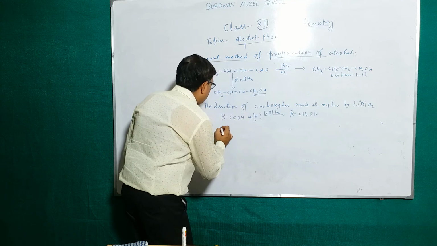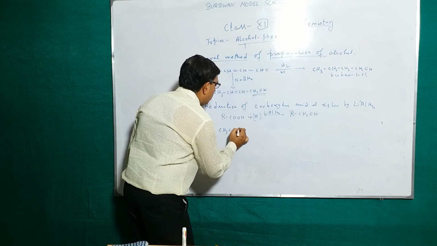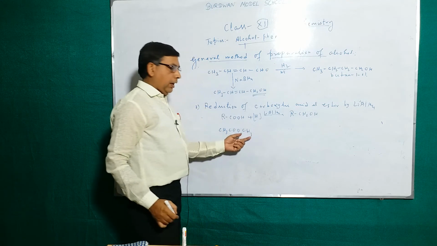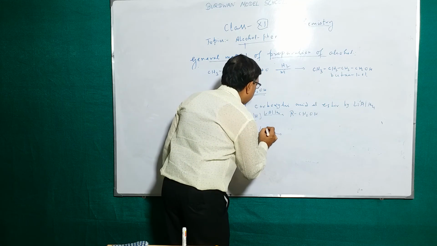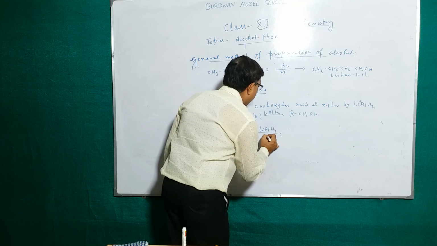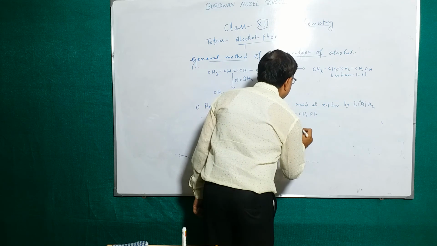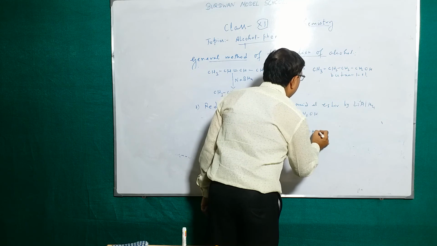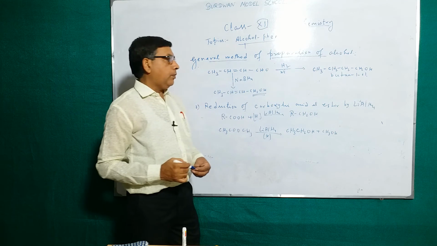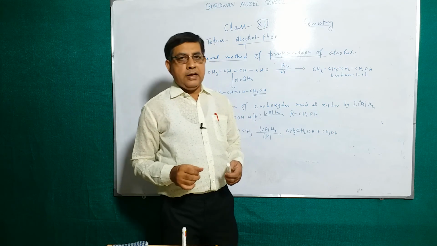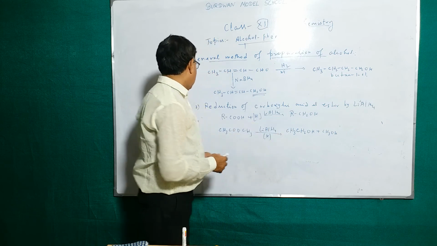Or if you take the ester, say CH3COOCH3, methyl ethanoate, when reduction takes place by lithium aluminum hydride, what will be the product? It gives two alcohols. One is CH3CH2OH, another is CH3OH. So reduction of carboxylic acid and ester by lithium aluminum hydride gives alcohol.